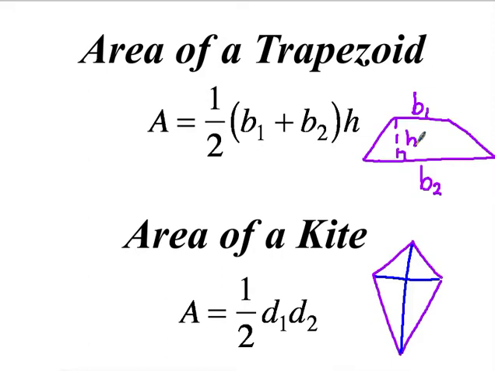So it's like a parallelogram. It doesn't matter if you know the diagonal distance here. The height has to be the perpendicular distance. So basically on a trapezoid, you're adding the bases, taking it times the height, and then times 1/2. With the kite, you're just taking the diagonals times each other, and then times 1/2.